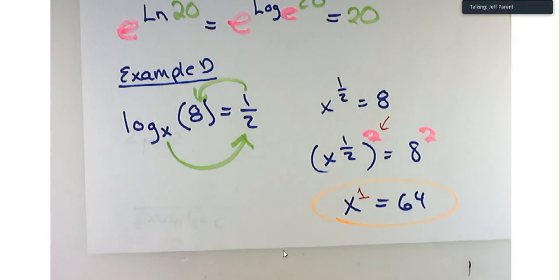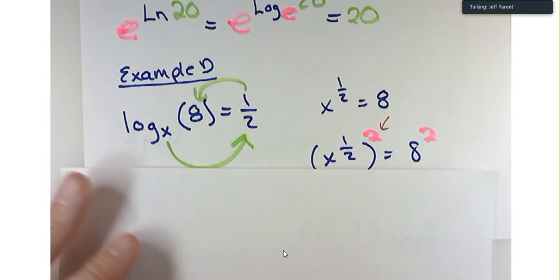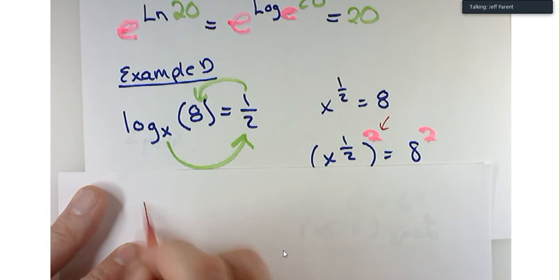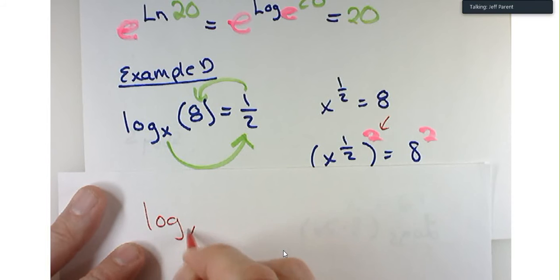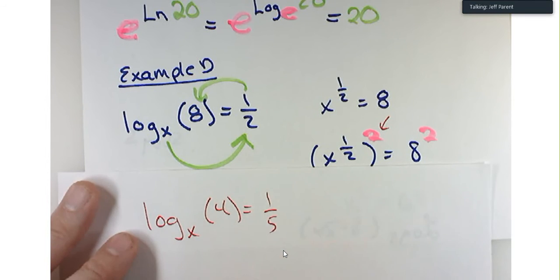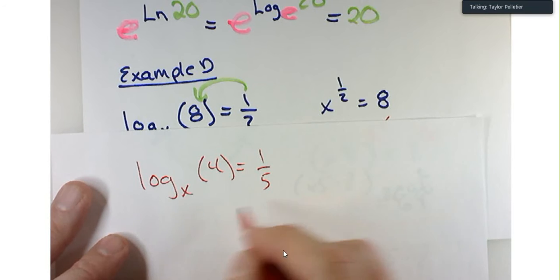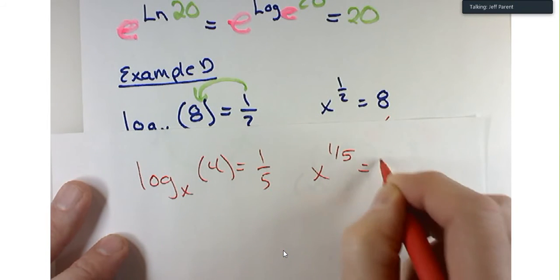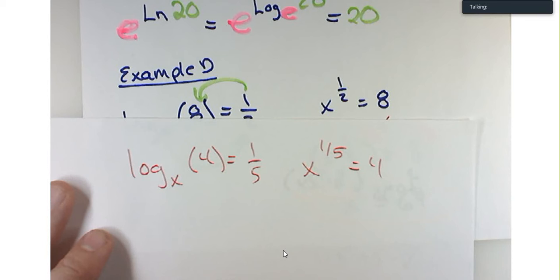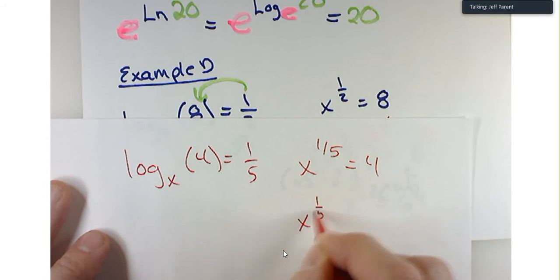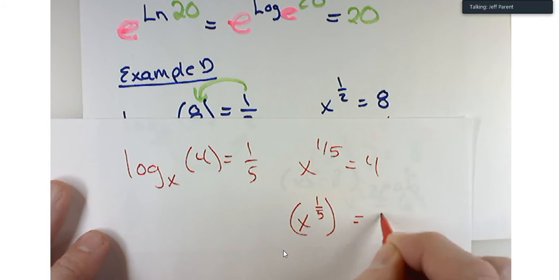I think there's another part of this problem in your homework where you'll have, like, log base x of 4 equals 1/5, for instance. And that would be x to the 1/5 power equals 4. If I want to get rid of this exponent, I need to raise both sides to the reciprocal power.